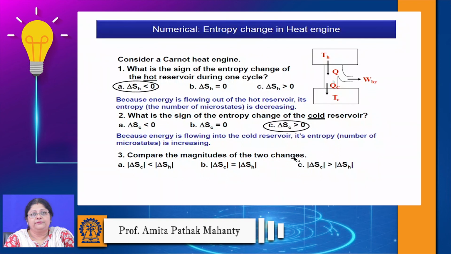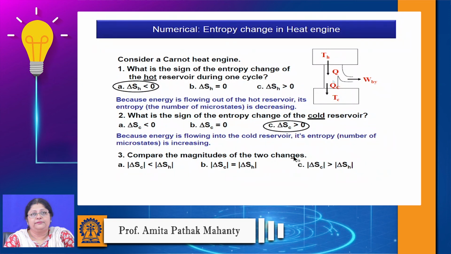During one cycle, the entropy change of the hot reservoir would be negative because heat is transferred from the hot reservoir to the cold reservoir, and hence Q will become negative. How will Q become negative? Ma'am, because heat is flowing from high temperature to low temperature.